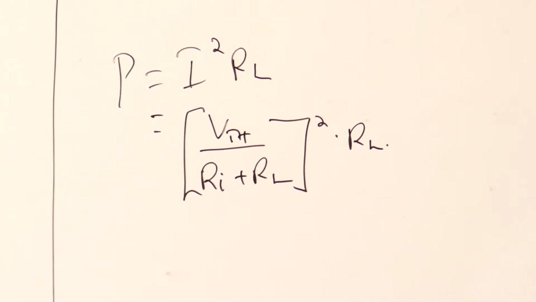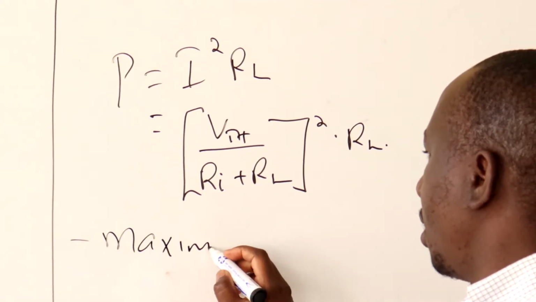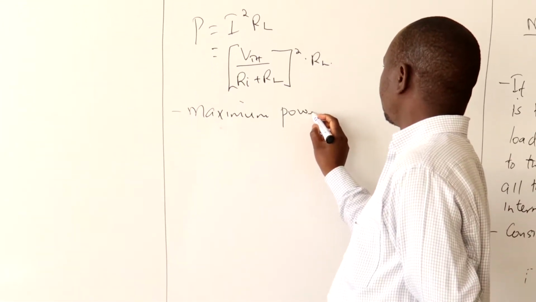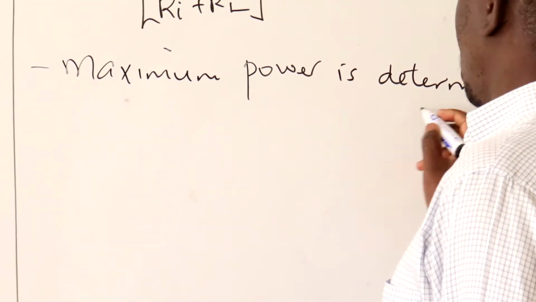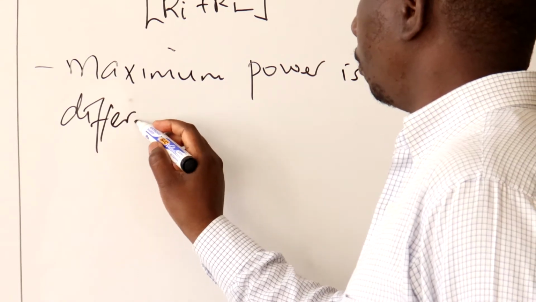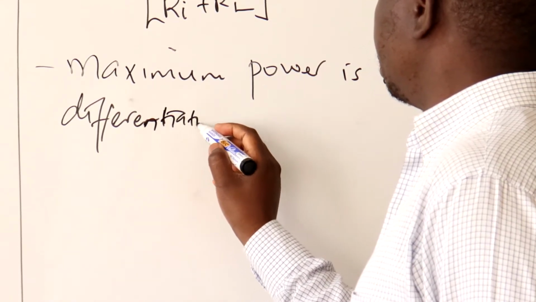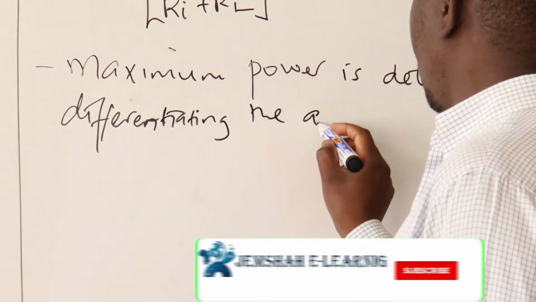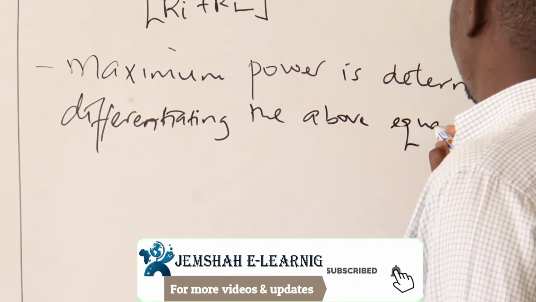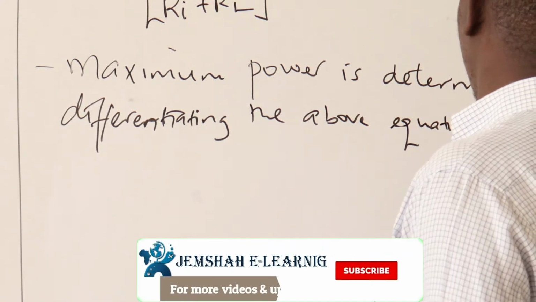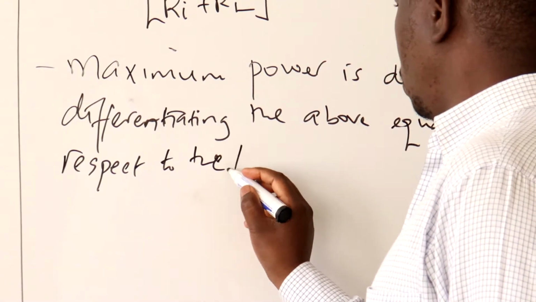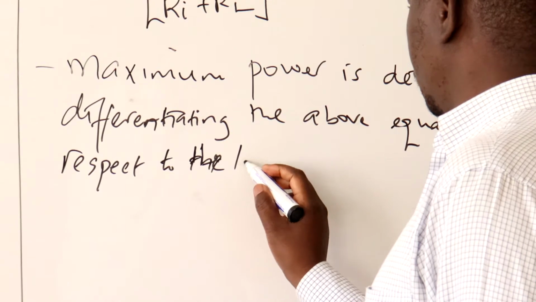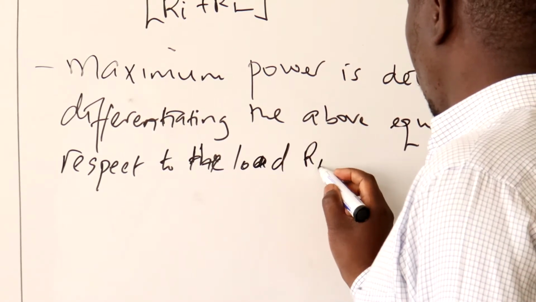So the maximum power is determined by differentiating the above equation with respect to the load RL.